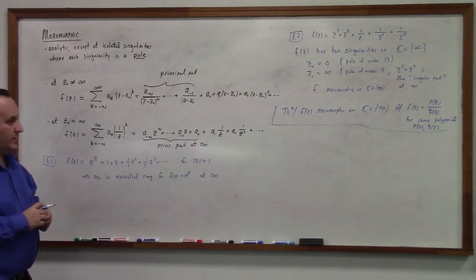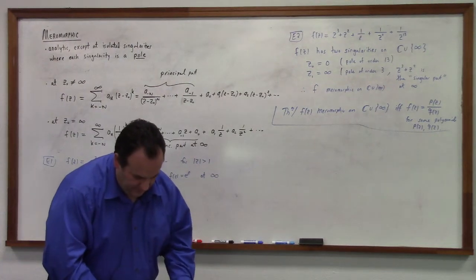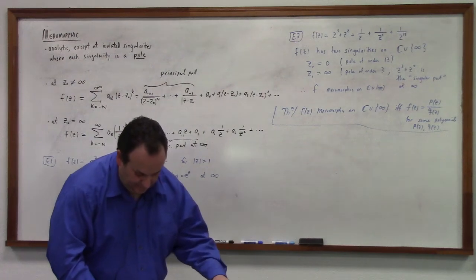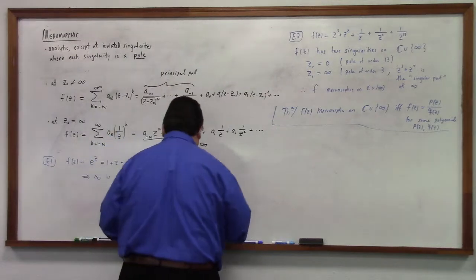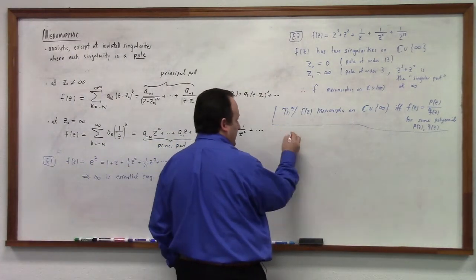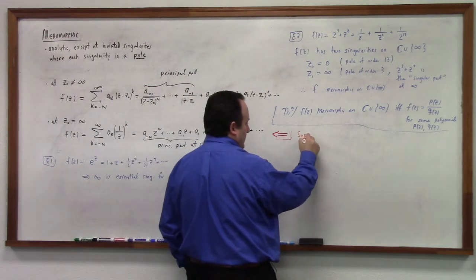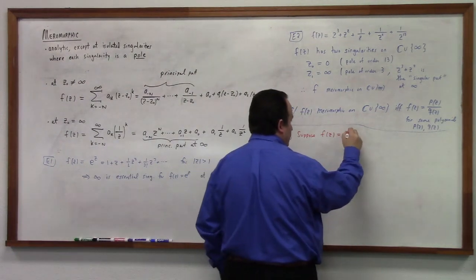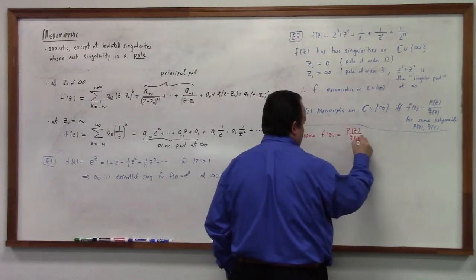So let's see here. I think I'll prove for you guys one direction here. Let's see here. So suppose, so the converse direction, right? Suppose f of z equals p of z over q of z, right?